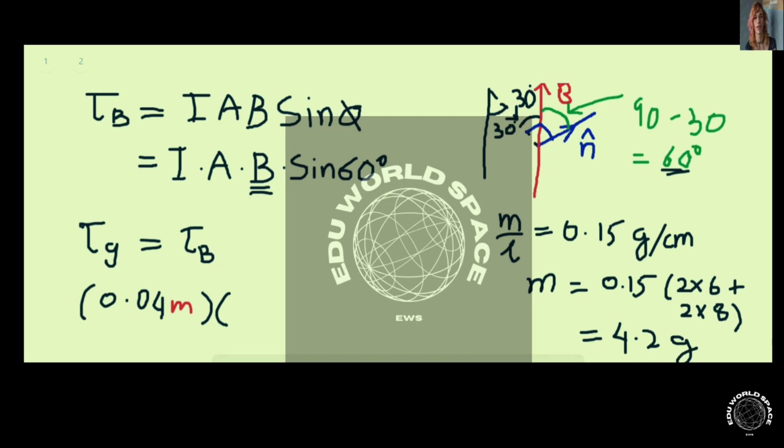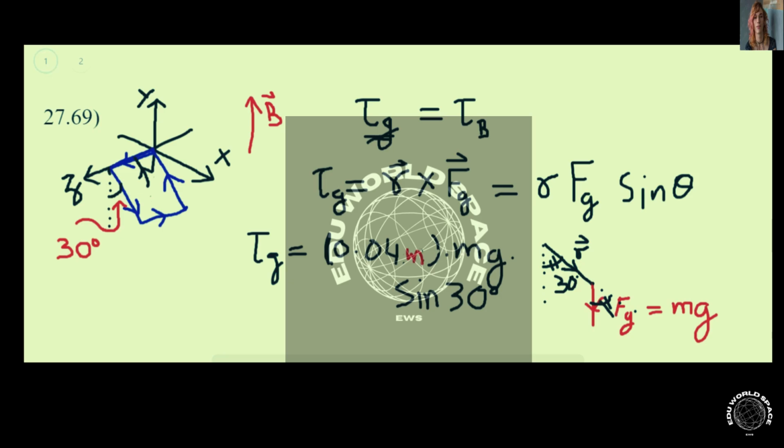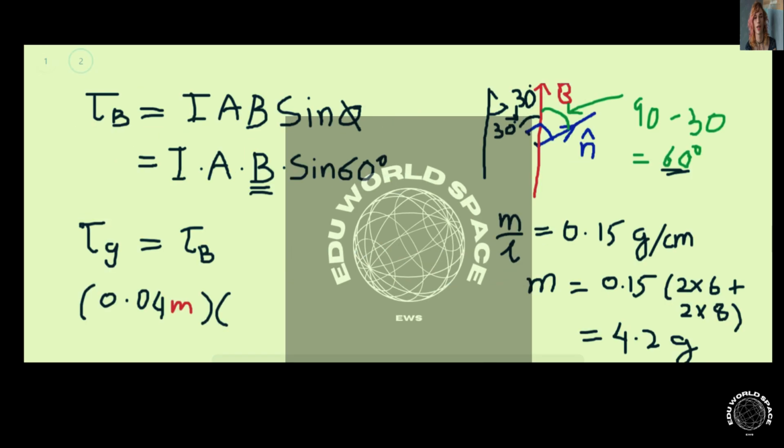And that's what I want to put in for M. 4.2 grams, or I should write it in proper units, which is 4.2 times 10 to the minus 3 kilograms.